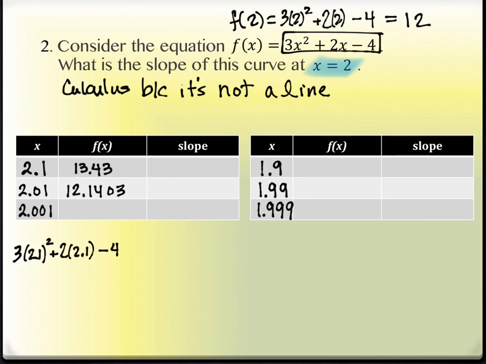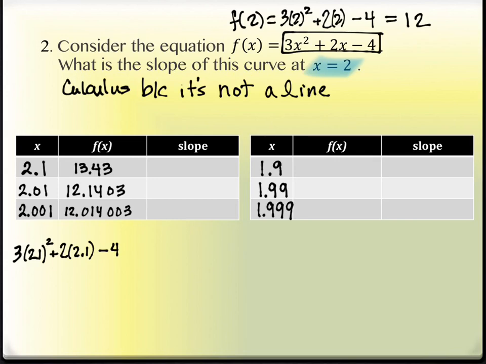The next one is 12.014003. And if your screen only shows 4 digits, use your arrow to arrow on top of the number, and it will show you a longer value at the bottom of your screen.